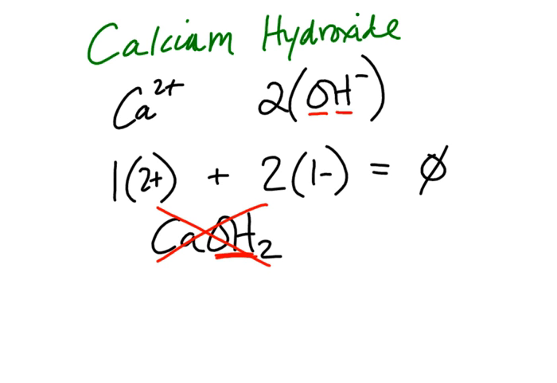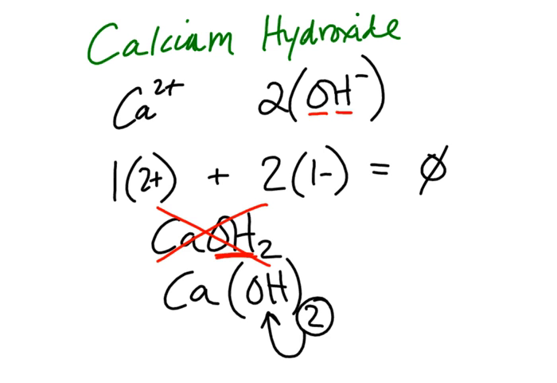According to this, it looks like I have a calcium, an oxygen, and two hydrogens. To remedy this, instead of writing CaOH2, I write Ca(OH)2. Which means I have two of those hydroxide polyatomic ions in this ionic compound.